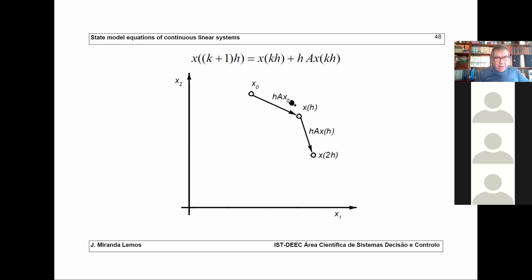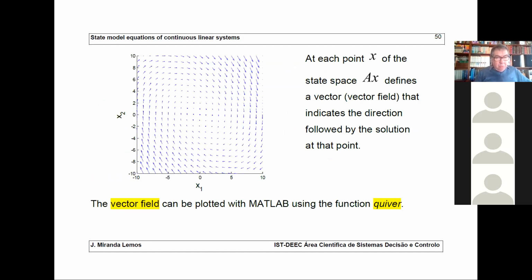If h is very small, this becomes a very, very good approximation of the solution. It converges to the solution. And you are going to move in that direction. So if you pick up a grid of points, and at each point x you compute Ax, you know that your solutions will be tangent to these vectors.